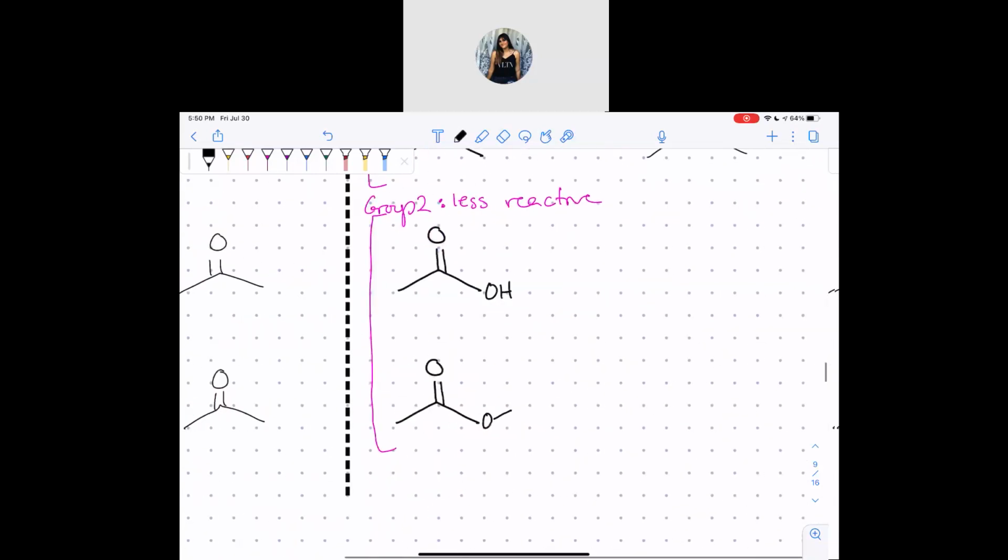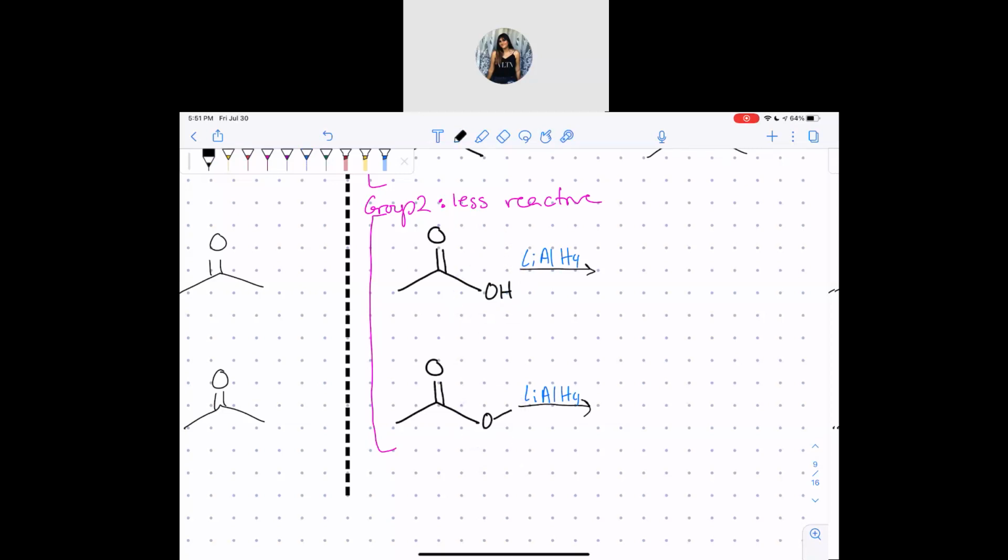These guys are a little bit different. They're less reactive and they have leaving groups. So the less reactive part means that they have to react with the stronger reagent, which is LiAlH4. And we are going to replace the leaving group. Wow, that was swag. We're going to replace the leaving groups with a hydrogen.